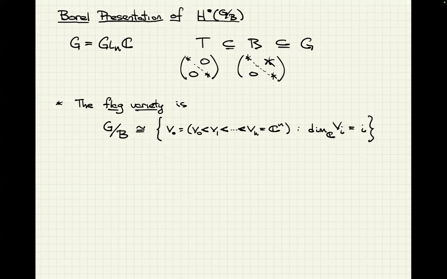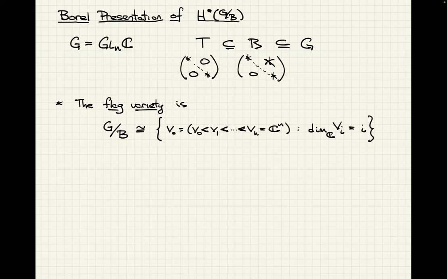And the flag variety can be thought of in two different ways. Either it's G mod B, or you can think about it as the collection of nested chains V dot of subspaces inside C^n, where I have one subspace for each dimension. Okay, so this is the type A flag variety.